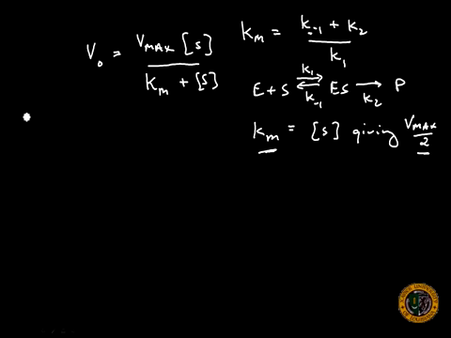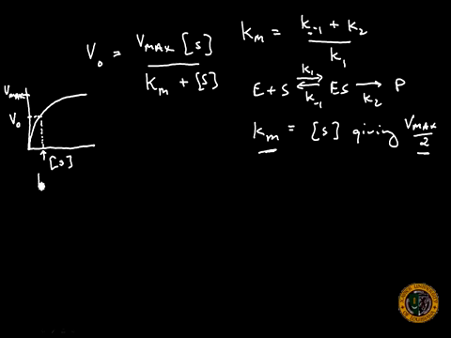If we look at our Michaelis-Menton plot that we drew earlier, now we're looking at a number of different initial velocities versus substrate. Km then would be half of the maximum velocity, which would be about here.